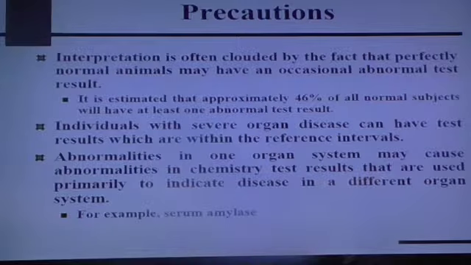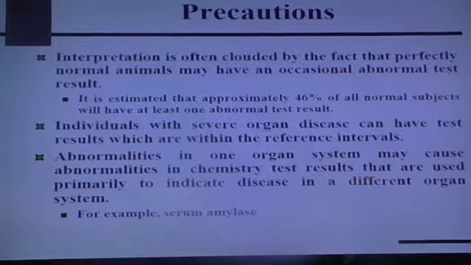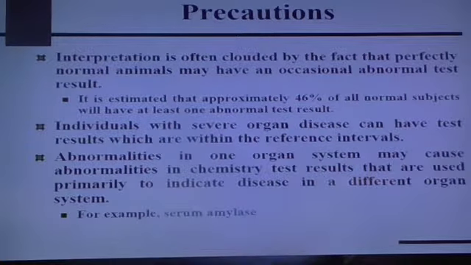Now, precautions. As we say, we got normal ranges, right? Does that mean that every animal we evaluate is going to fall in those normal ranges exactly? No. In other words, any animal that is perfectly normal can give an occasional abnormal test result.